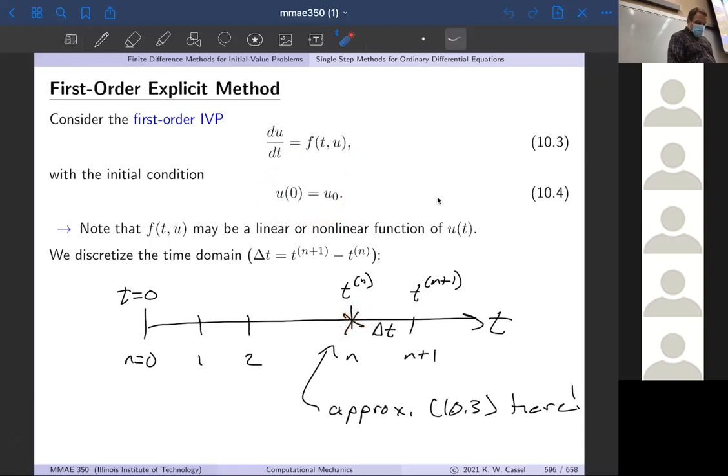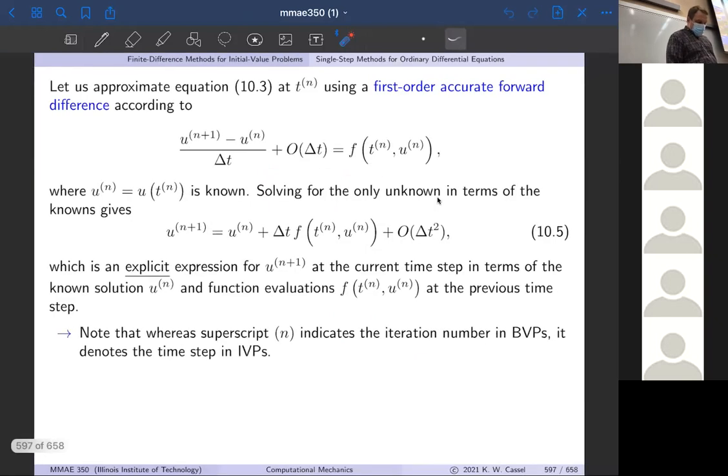Then we use a forward difference in time to move forward to the n plus first time step. That's the basic idea. Here is the first order accurate forward difference approximation for the time derivative on the left-hand side, and then we evaluate the right-hand side, f at the previous time, tn and un, again because the x marks the spot is at the previous time step.